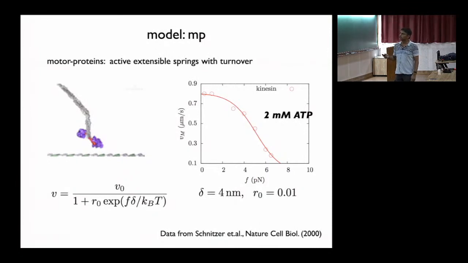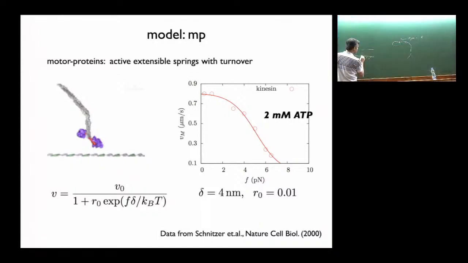Okay, and then we have to, of course, model the motor proteins. We model the motor protein as active extensible springs with turnover. What I mean by that, I'll just quickly draw here, it will be easier for me to describe. So let's say my motor proteins are irreversibly connected here, and then I have a spring, and then the molecular motor, this is the head of the motor, so it attaches there.